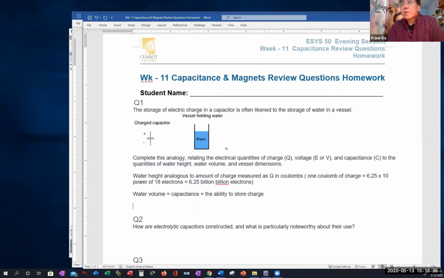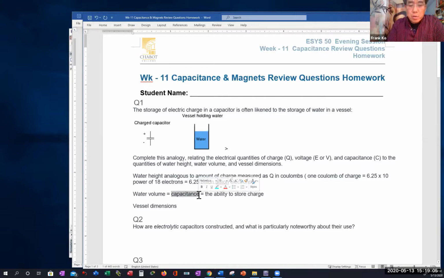And the vessel dimensions would be similar to... Did I spell something wrong? Water volume. The ability to store charge. Vessel dimensions. Let's actually change this.